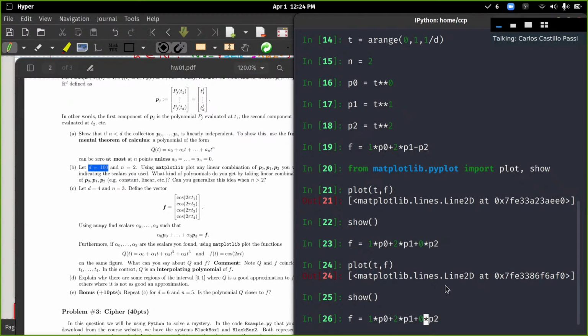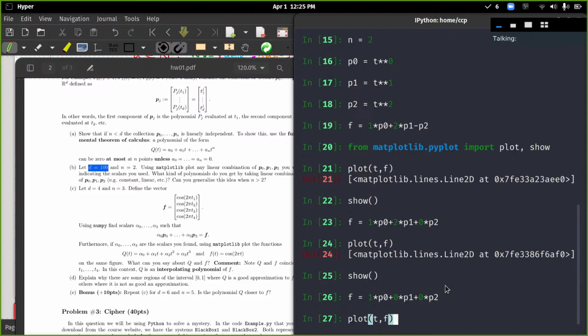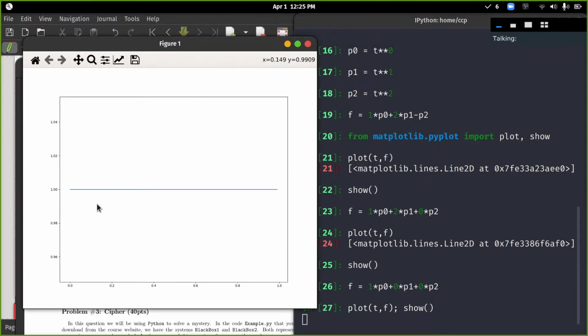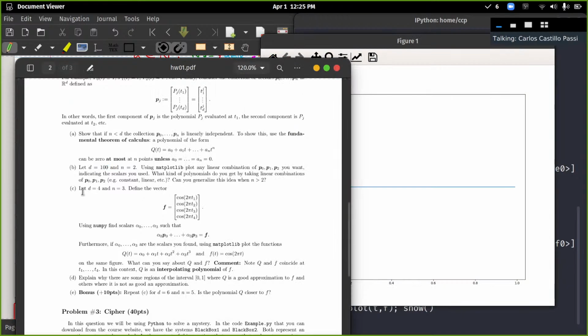And if instead of a 2 here, we use 0 times p1, we have a constant function. So that way you can do this question b. And then you need to think what happens when n is greater than 2.